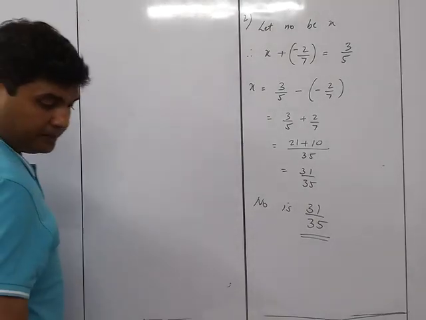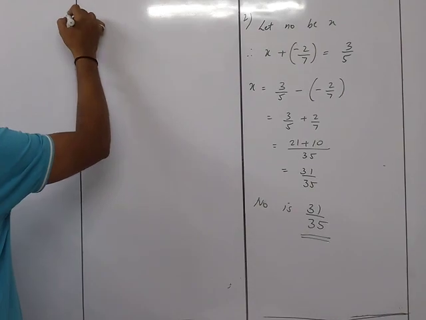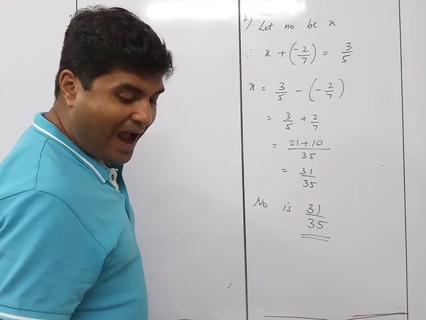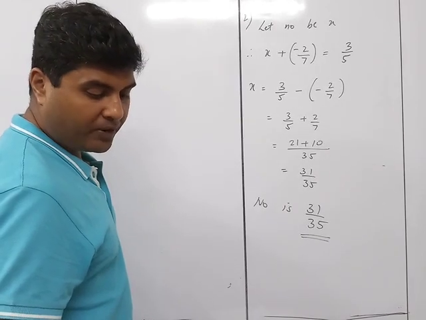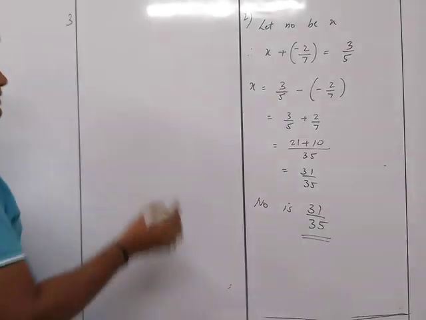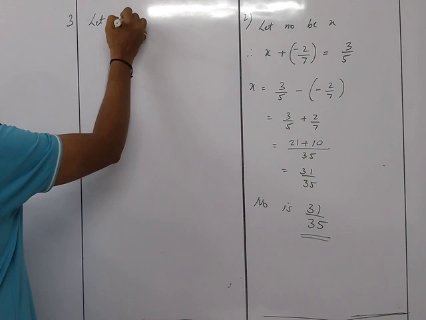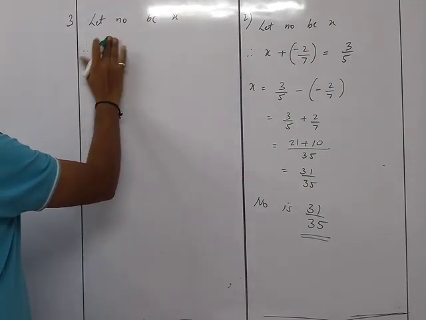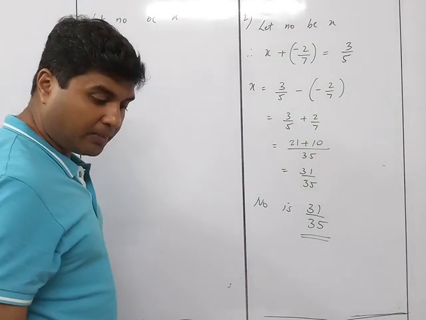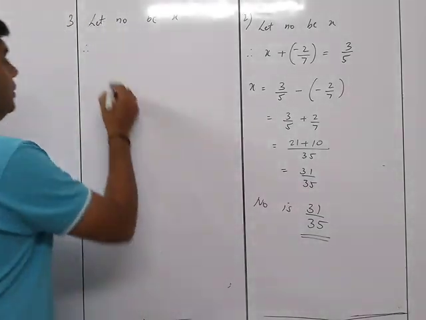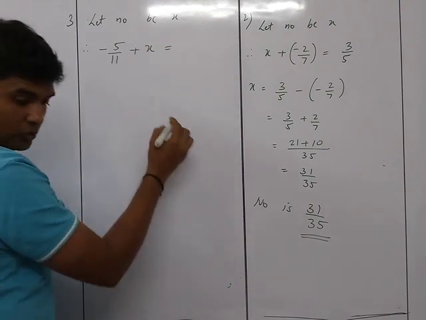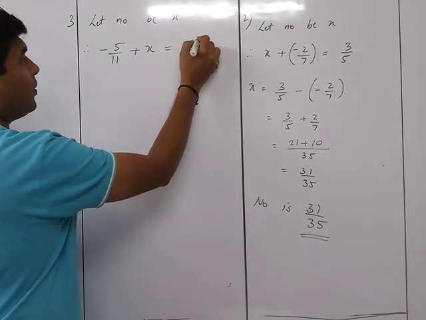Question number 3. What rational number should be added to minus 5 upon 11 to get minus 7 upon 8? So again, let the number be x. We are going to say that what number is to be added to minus 5 upon 11 is x, so minus 5 upon 11 plus x is equal to minus 7 upon 8.